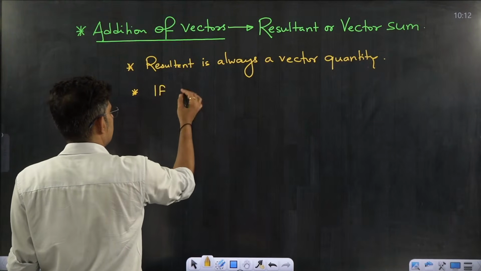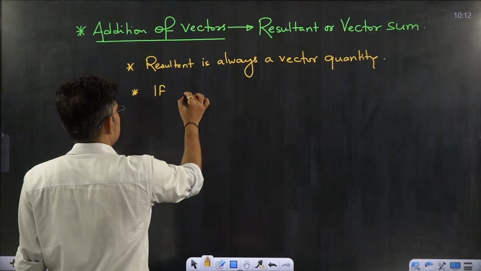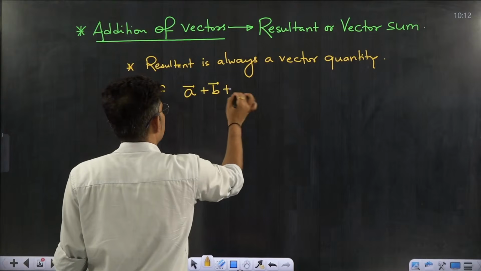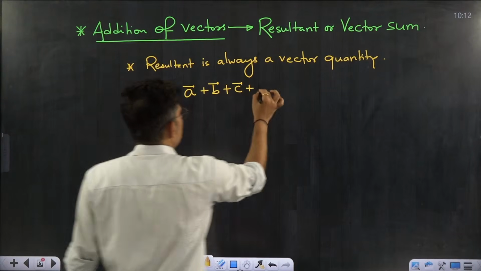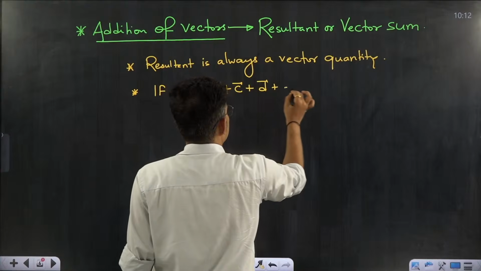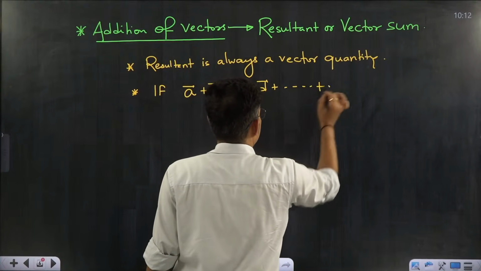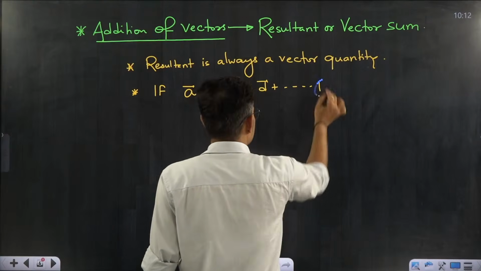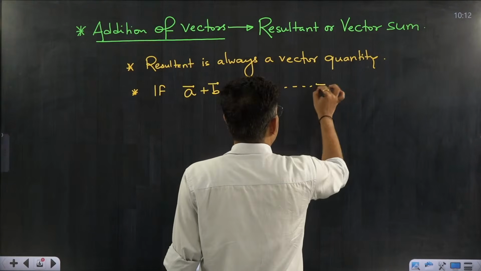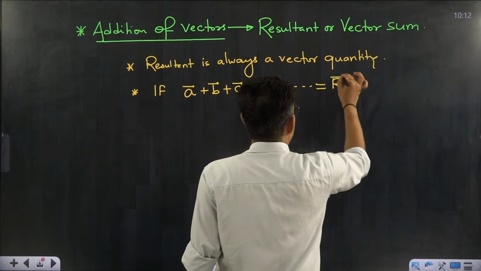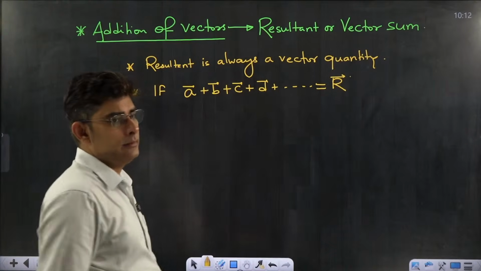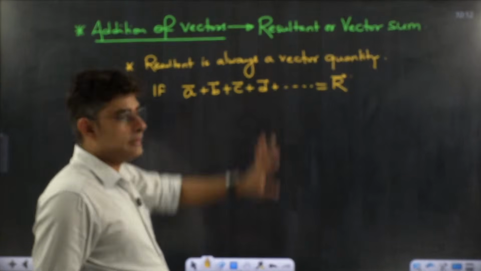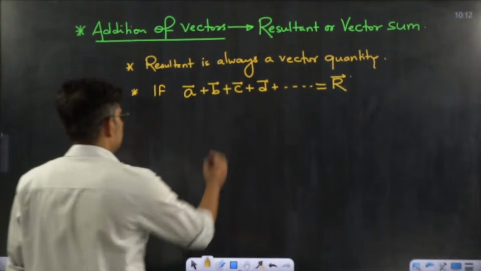Suppose I am vectorially adding two or more vectors, and I take the sum total as R vector. I said it is always a vector quantity.